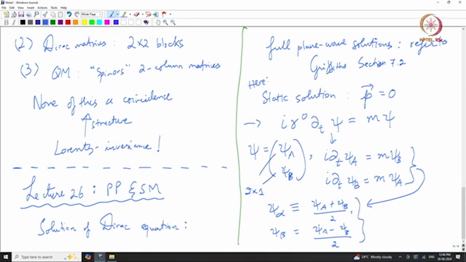Then what happens? Then the equation looks a little easier to solve, right.